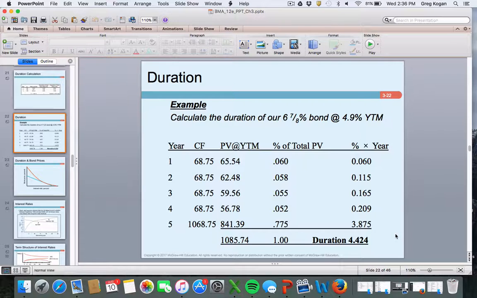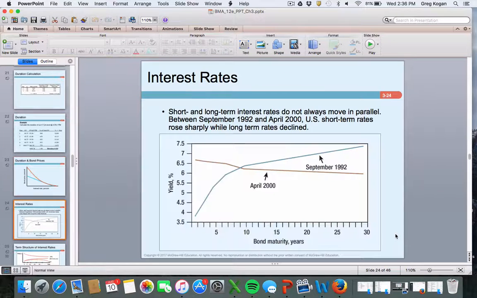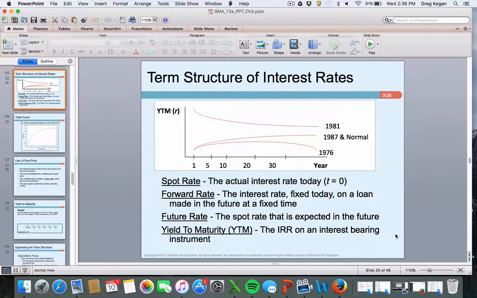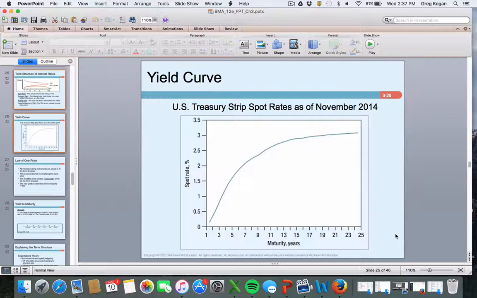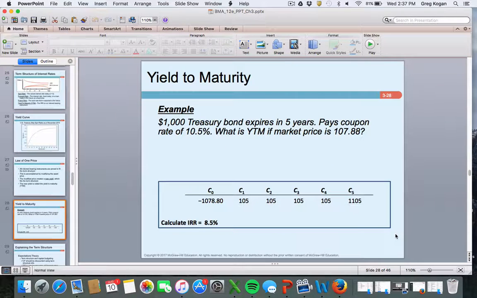As a result, the longer the bond is out there, the more duration risk it has. There are ways that you can calculate this, and the book goes into that.